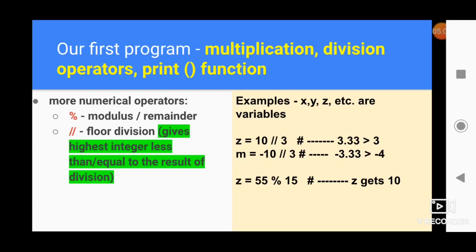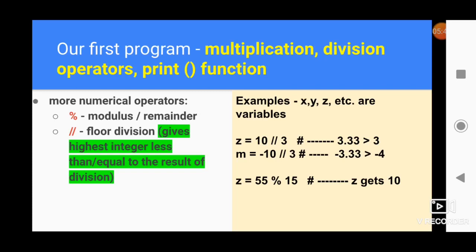In the next example, m is equal to minus 10 floor division 3. Again the value 10 is divided by 3, and this time we are dividing minus 10 by 3, so we get the result minus 3.33. Now again we have to look for the highest integer which is less than or equal to this result of the division. Minus 3.33 is just greater than minus 4, not minus 3.